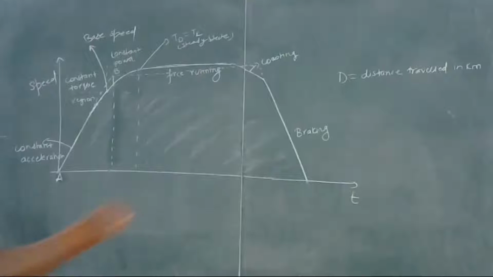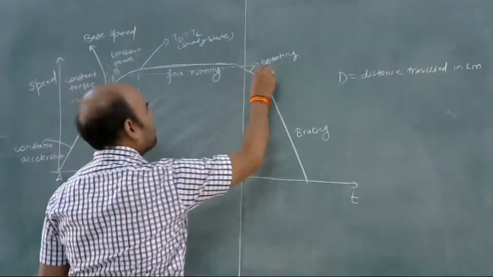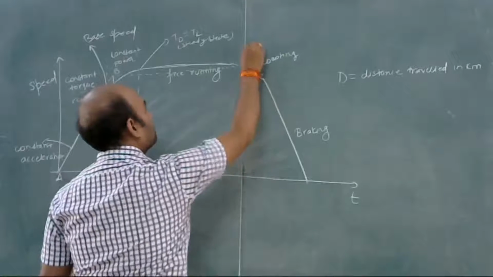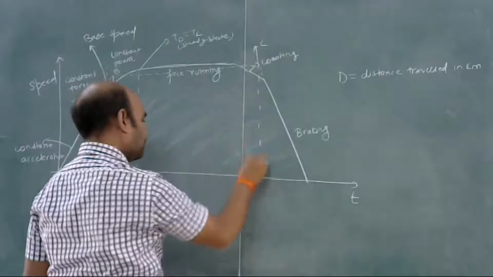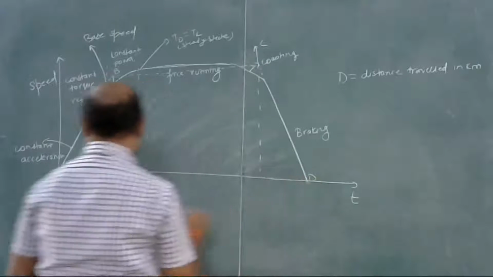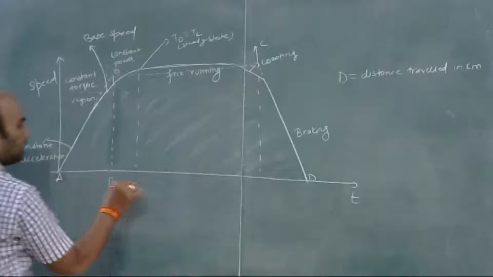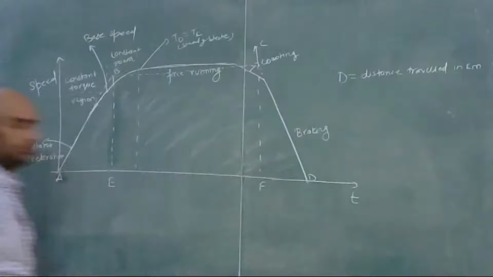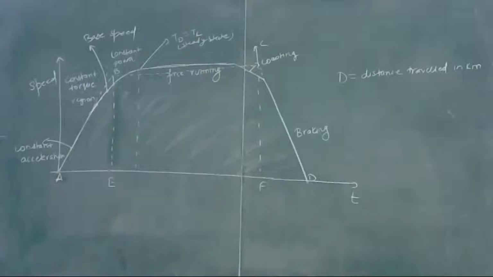Okay, and this point is C. This is point D. This is E, and this is F.